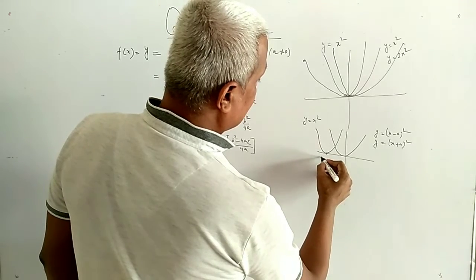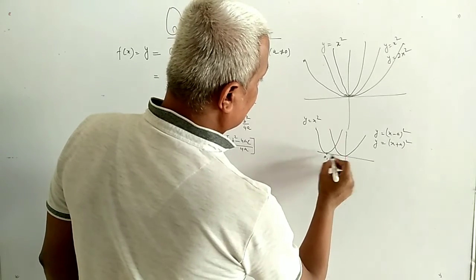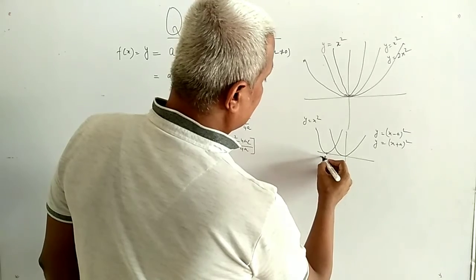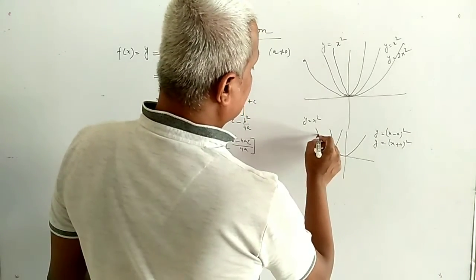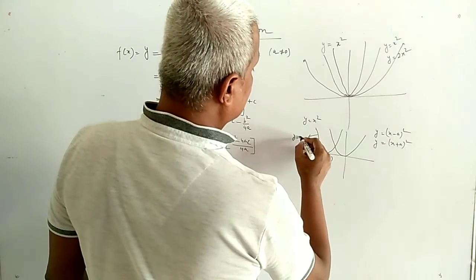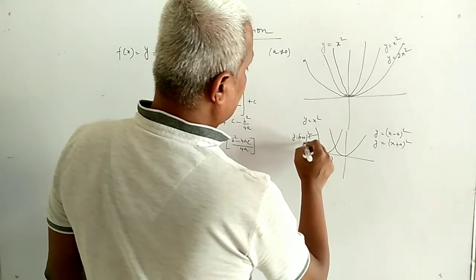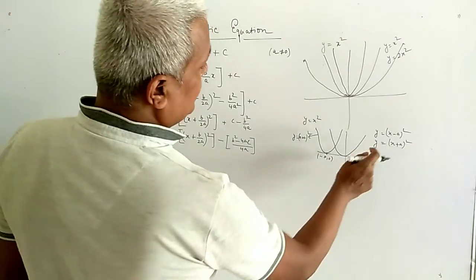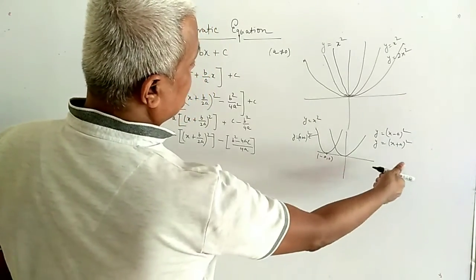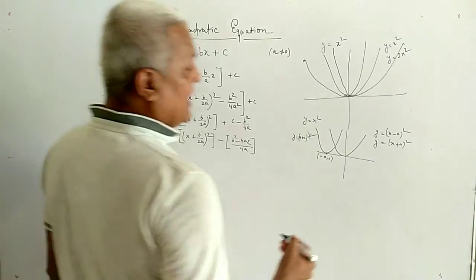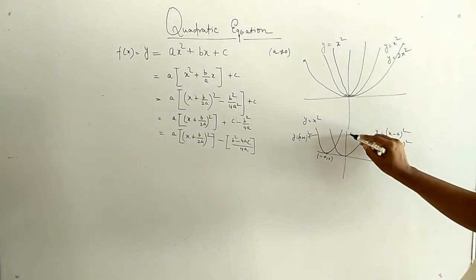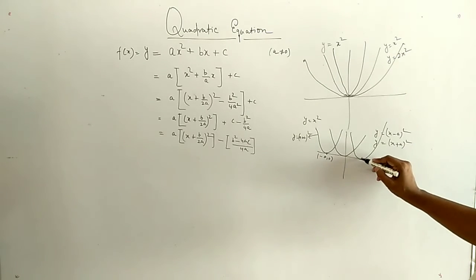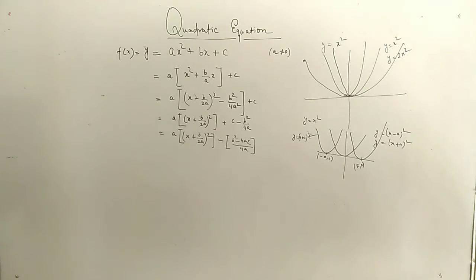The vertex becomes minus a comma 0 for plus a. If you use this plus, then this will come here. So this is y is x plus a whole square, so it will shift to the point minus a. And if you have this minus, then this will shift to this point, and the vertex will come at the point a comma 0.